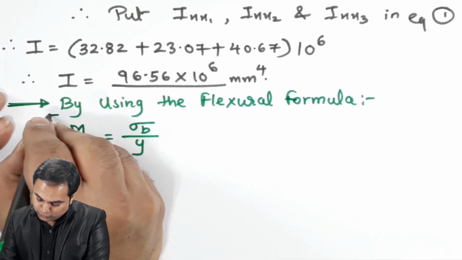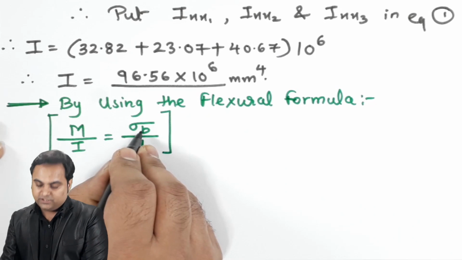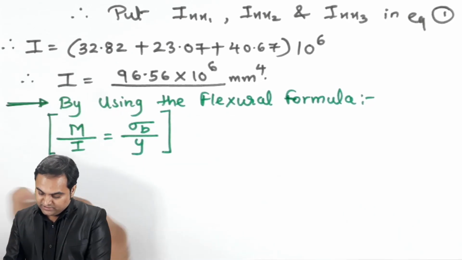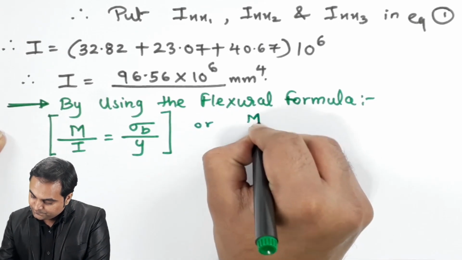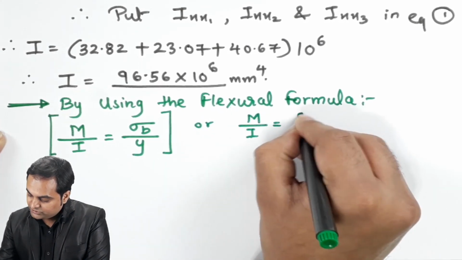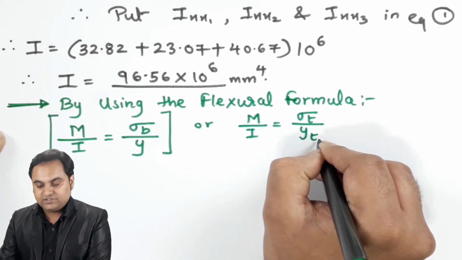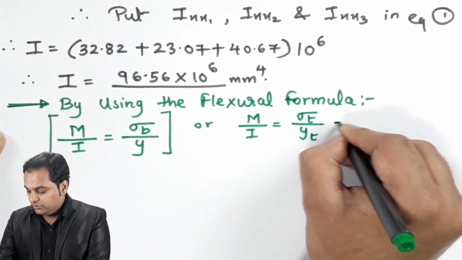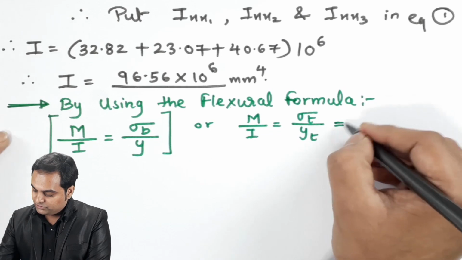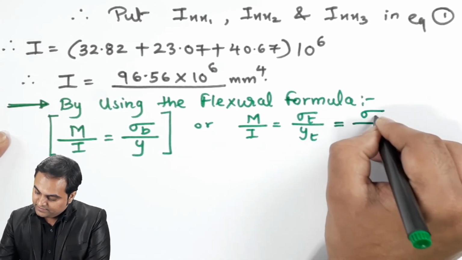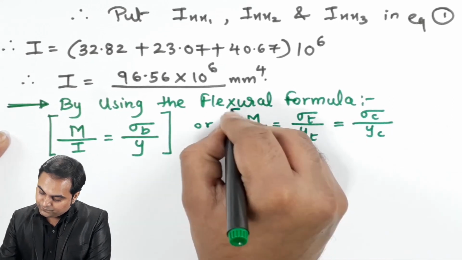And since because of bending there is tensile as well as compressive stress, the same formula becomes M upon I is equal to sigma t upon yt, that is tensile stress upon the distance from neutral axis to the topmost or bottommost layer. In this problem I'll explain what is to be taken, and sigma c upon yc.